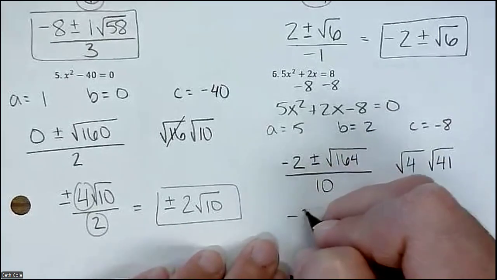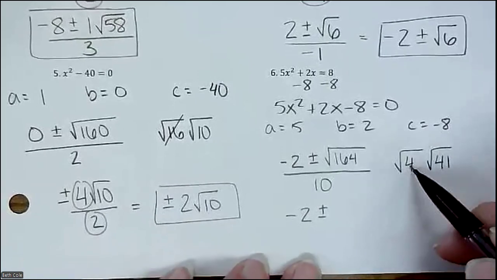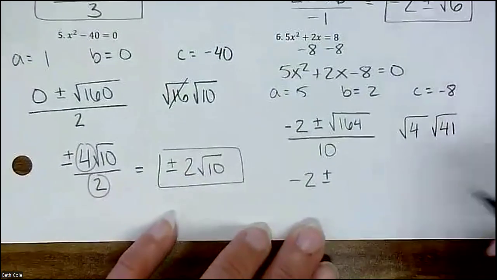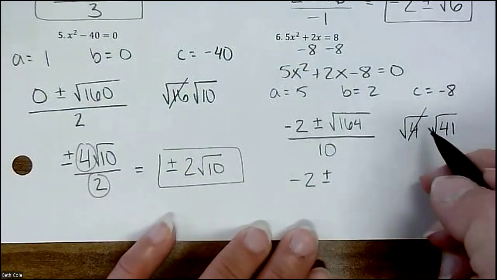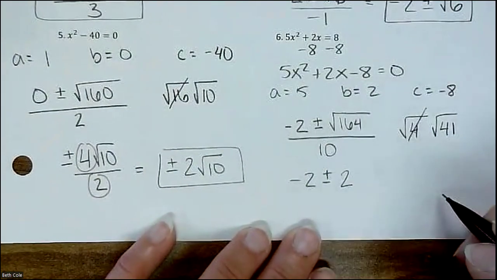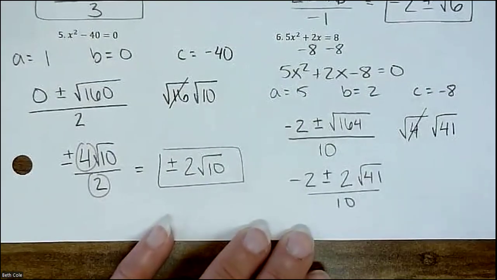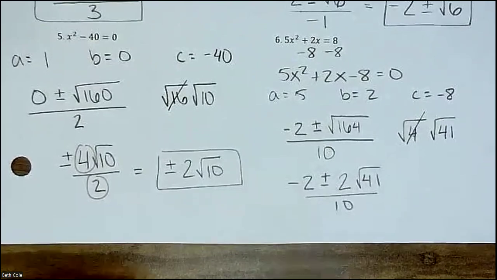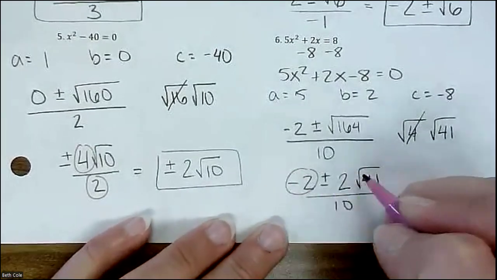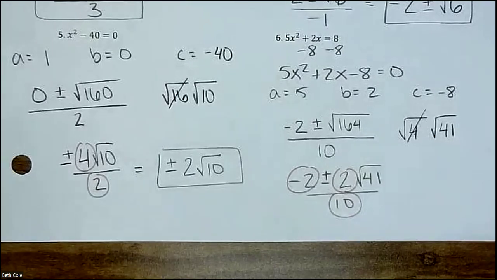All right, so it's going to be -2 plus minus. That part's just there. What's your square root of 4? Because that was the whole idea. Square root of 4 is 2. Square root of 41 over 10. You're kind of just recopying it. And again, you cannot touch what's underneath the square root, but the rest of these will divide by 2.